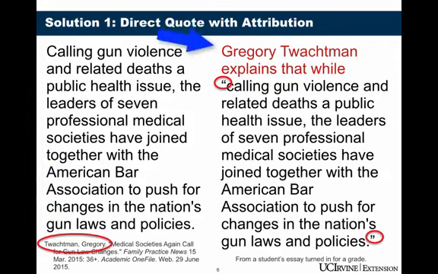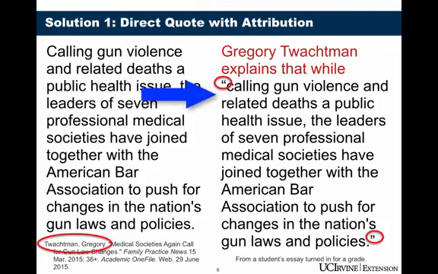So when the student uses this information in his essay, he chooses here to use attribution. Attribution just means using the author's name in the sentence, or saying where the source comes from. And notice that after the attribution, we have the quote.